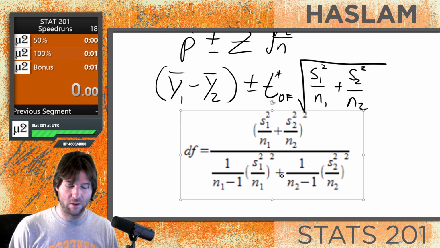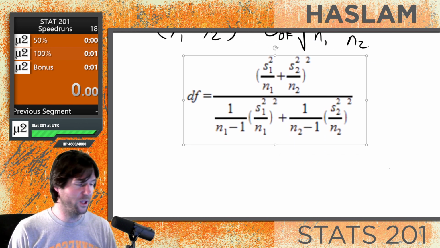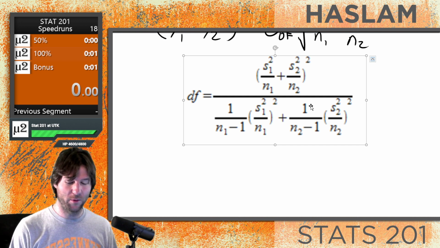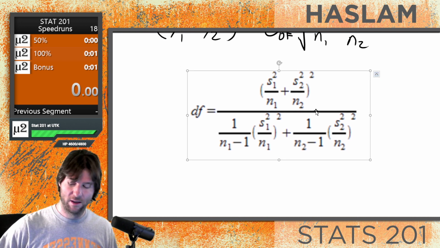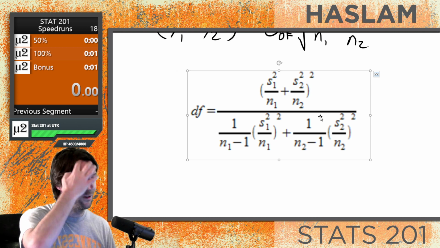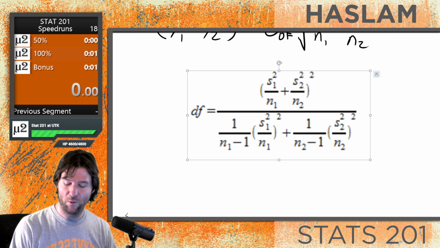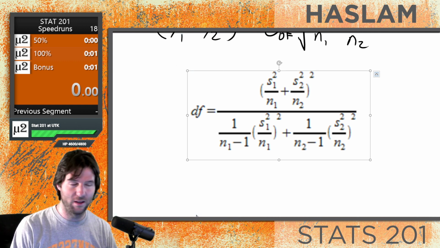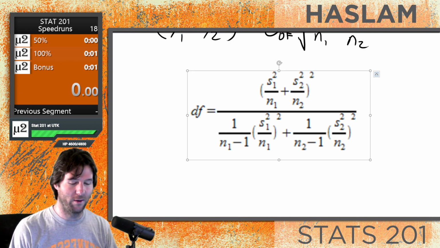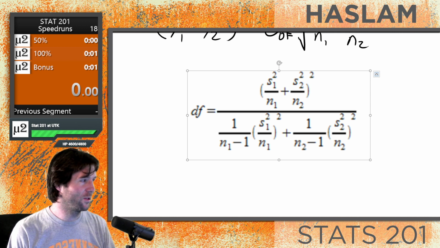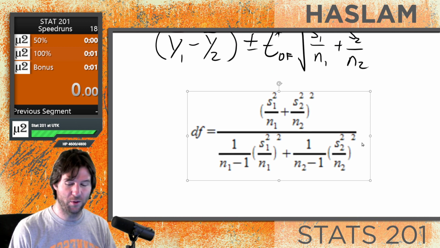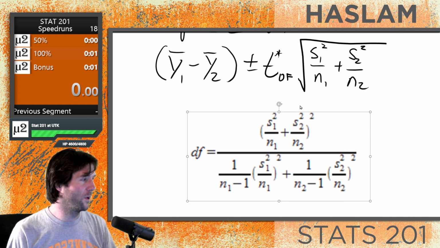Good. And so here we go right here. Here's the degrees of freedom formula. Do not solve this by hand. The other one's way easier. It's just n minus 1 for a 1 sample t. And for this one, it is crazy, crazy, crazy. A lot going on right there. We have a very, very large formula for the degrees of freedom on this one.